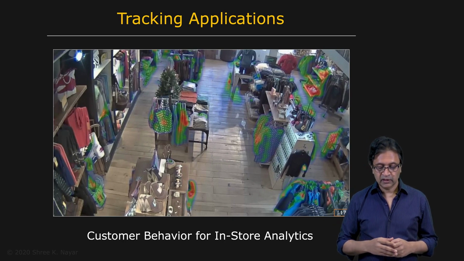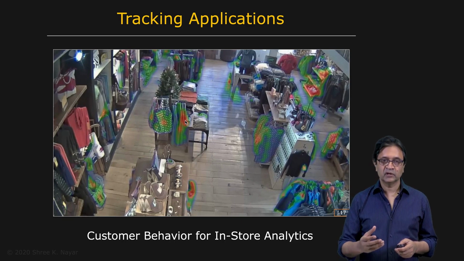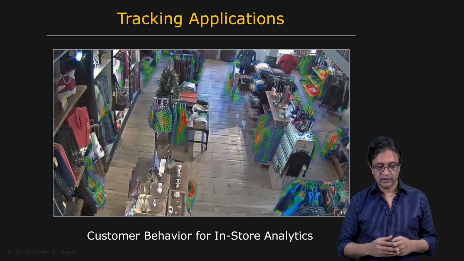This is one in the commerce space where you have a shop, and overlaid on a picture of the shop is this sort of heat map. You see that you have temperatures going from red to green. Red corresponds to high values, and that's where people, customers, seem to be spending more time within the field of view of the camera.